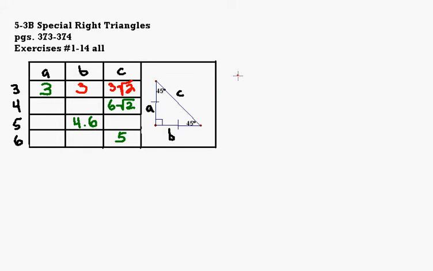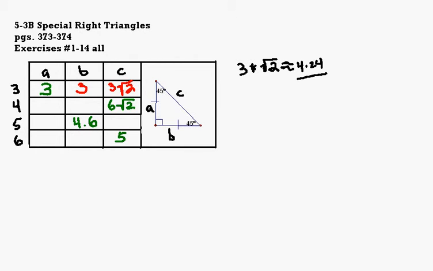Now, if I wanted to find the decimal approximation of that, I would simply multiply 3 times the square root of 2, and with my calculator I would get approximately 4.24. Again, this is the approximation. Leaving it in radical form, 3 times the square root of 2, gives it in its exact form.